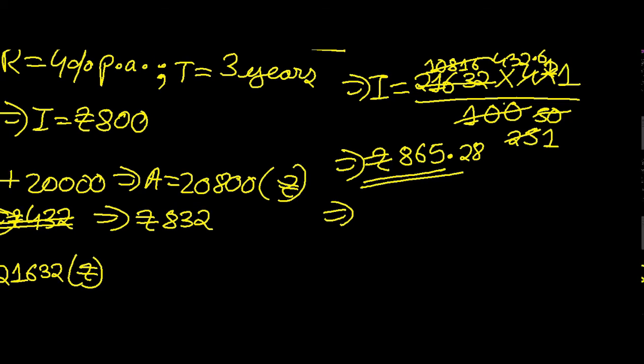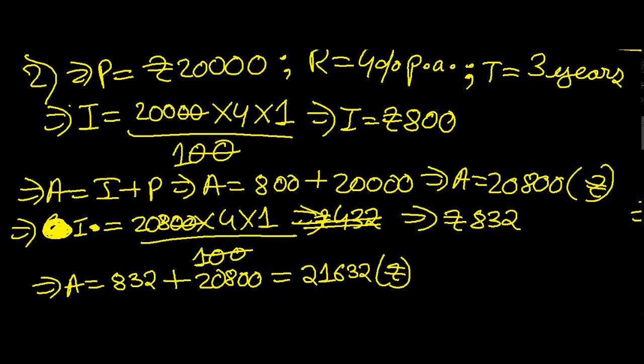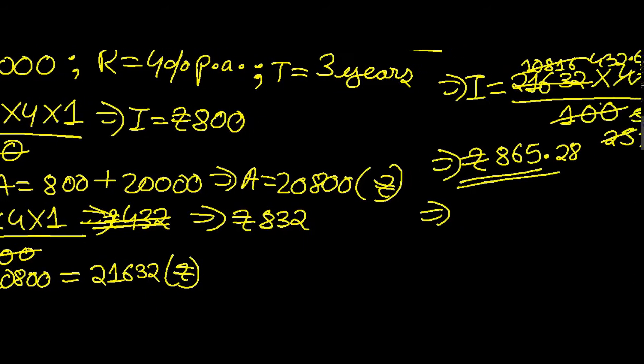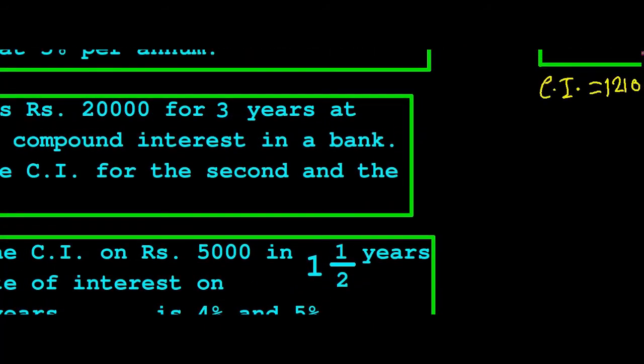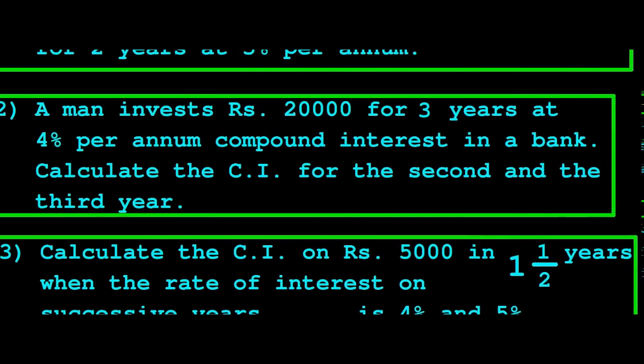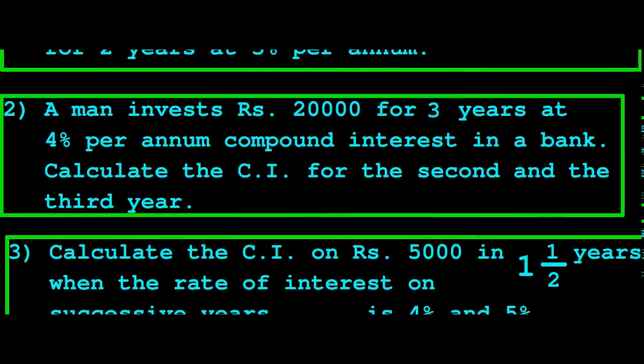So now, the question is asking: a man invests rupees 20,000 for 3 years at 4% per annum compound interest in a bank. Calculate the compound interest for the second and the third year.